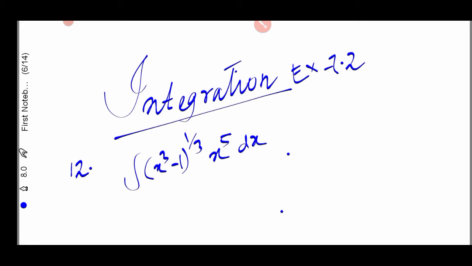So let's solve it. Look at the solution. The given integration is the integration of (x cube minus 1) whole to the power 1 by 3 into x to the power 5 into dx.